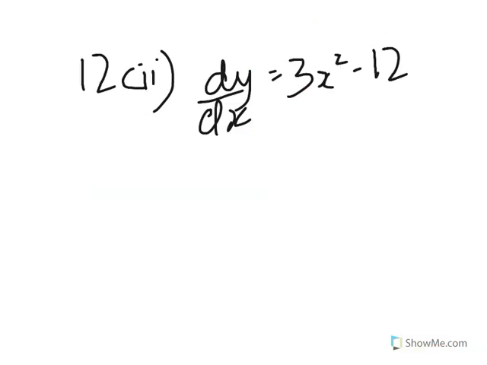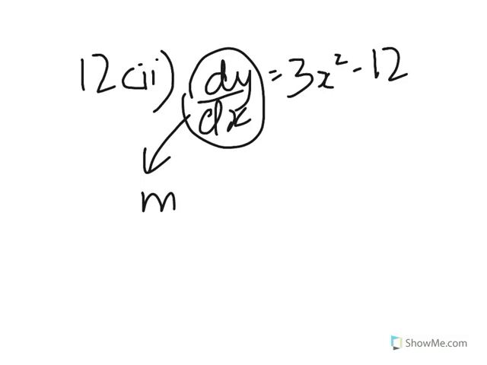Now when you differentiate any curve with respect to x, dy over dx is nothing but the gradient of the curve. So if you substitute your appropriate x value, you can get the gradient of the curve at that x point. So in this 12C2, they're asking you to find the gradient where x is equal to 5. So all you've got to do is substitute 5 into this x.